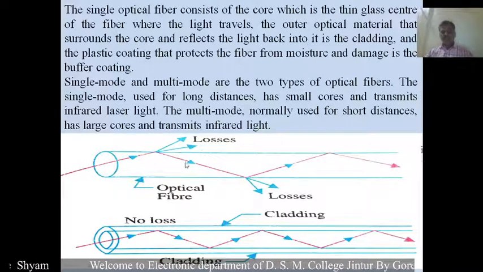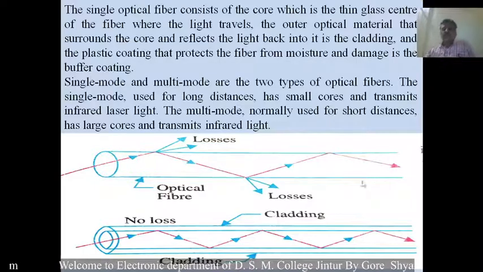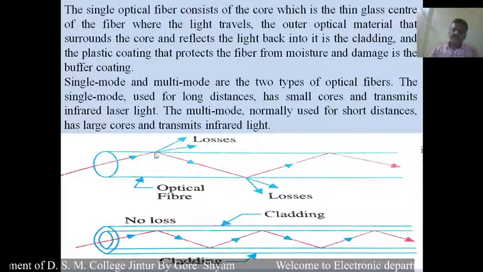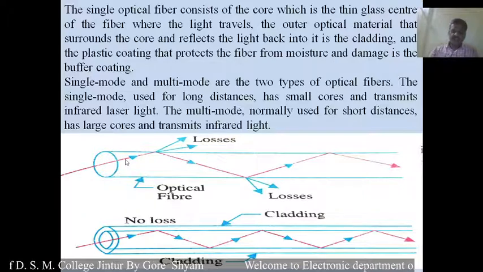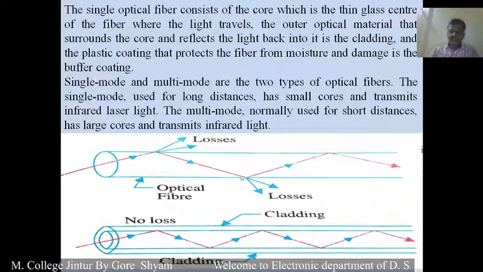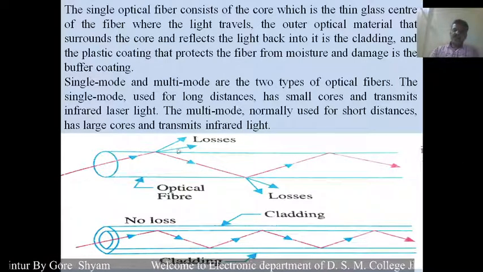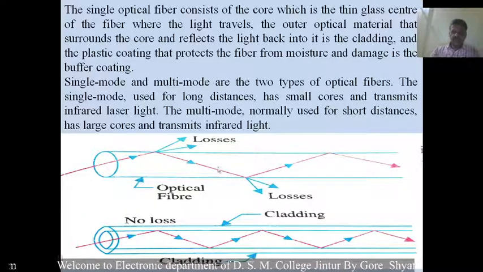The light travels through this fiber, and this optical fiber is not covered with any protective layer. Therefore the light can be refracted at its boundary: some light is refracted and some light is reflected and passes through the fiber. When the light comes out from the optical fiber, that is known as the loss of light.